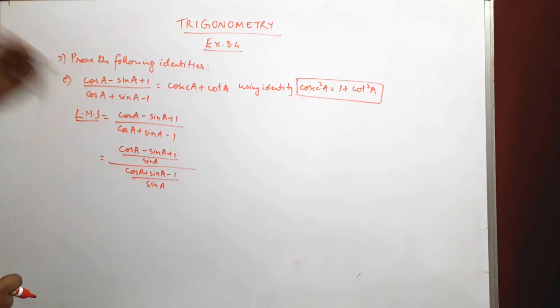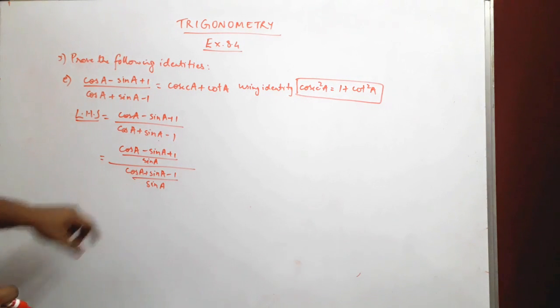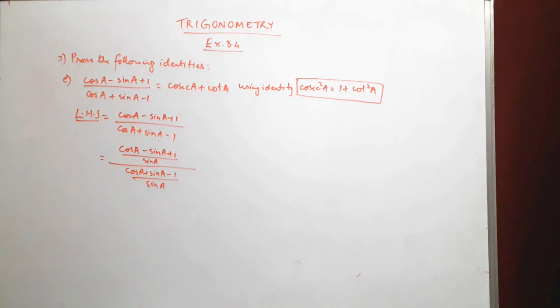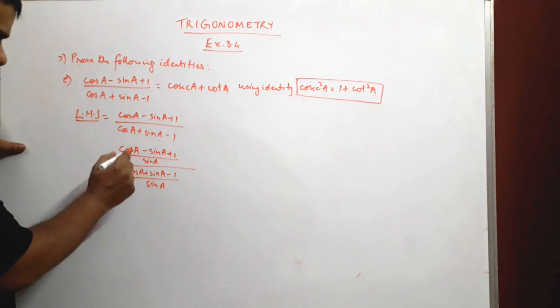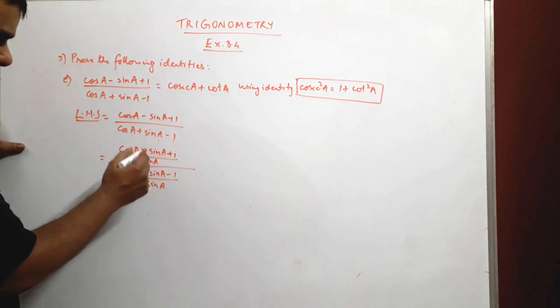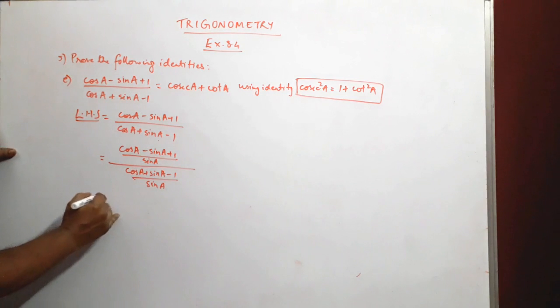So what next can we do from here? What best I can see is, we'll take out each and every term and divide it by sin A. I'll show you how.